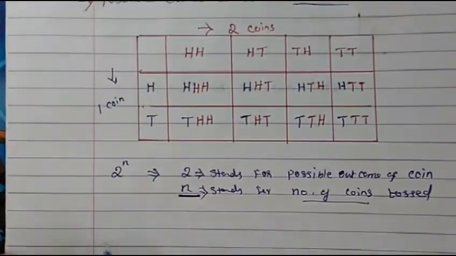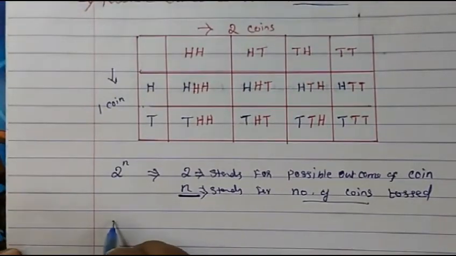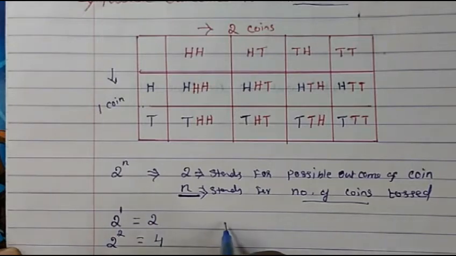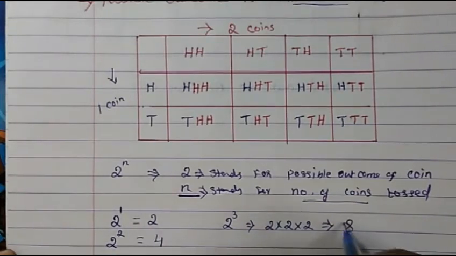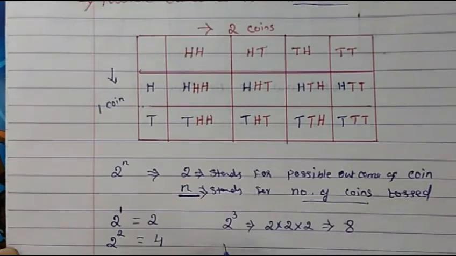Now for example, if it is one single coin, then 2 possible outcomes we have. If it is 2 coins, then 2 2s are 4 outcomes. If it is 3 coins, then 2 into 2 into 2, that means 2 2s are 4, 4 2s are 8.